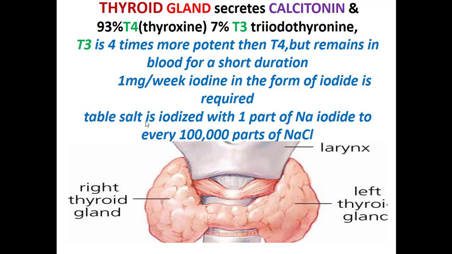That's why the table salt is iodized with 1 part of sodium iodide to every 100,000 parts of sodium chloride. The table salt is sodium chloride, which is iodized by mixing sodium iodide, and this iodized table salt is required particularly in those areas with a deficiency of iodine.